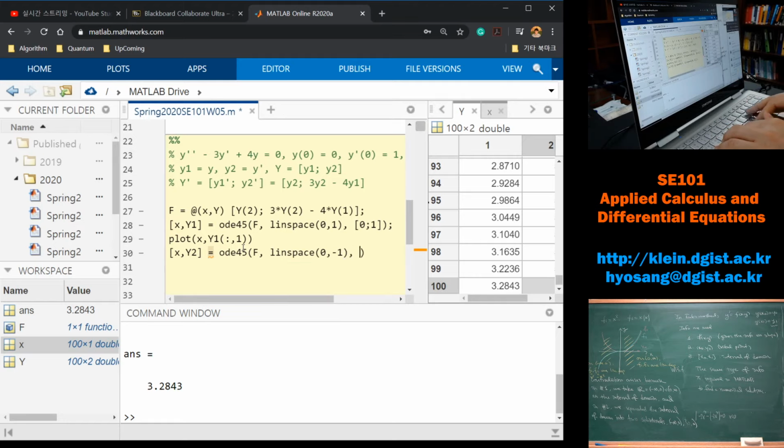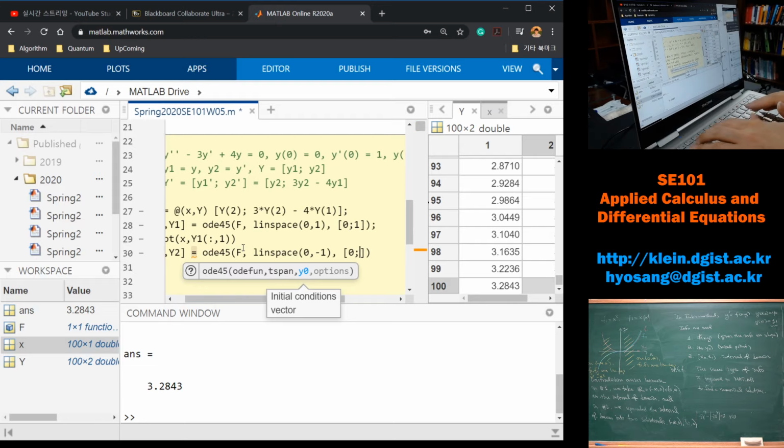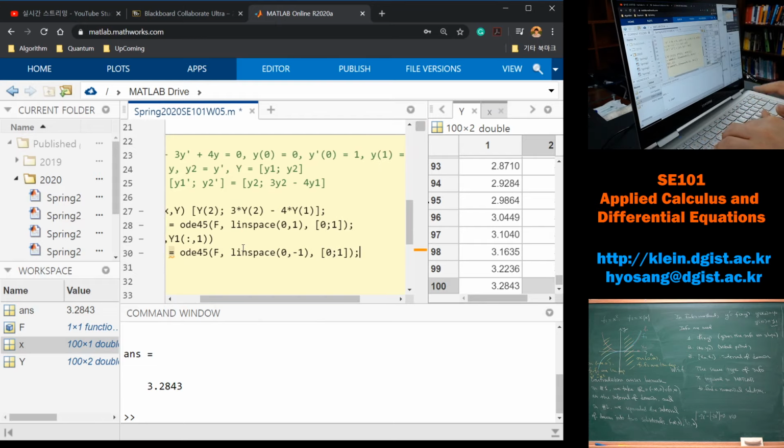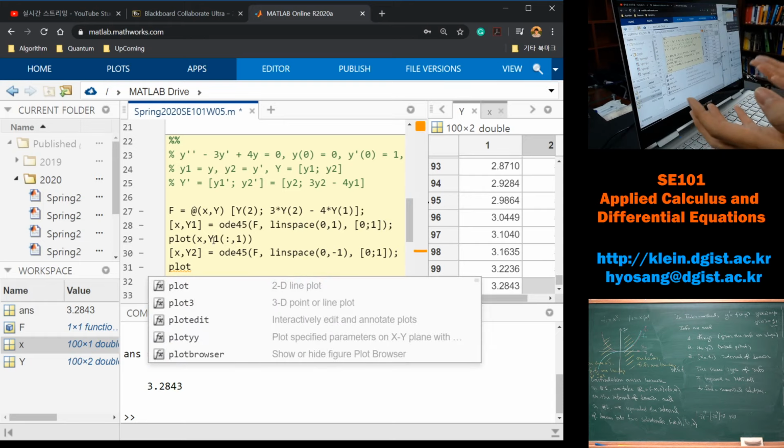And then I want the same initial value, so the initial value is 0, 1. Now I have two solutions. One is y1, which contains the value of the function from 0 to 1, and the other is y2, which contains the value of the function from 0 to -1. I want to combine them into a single plot.